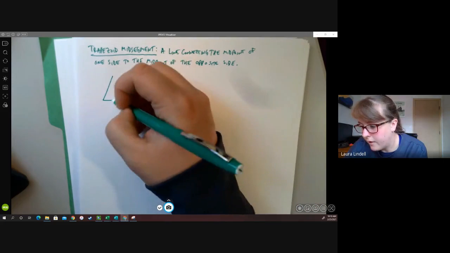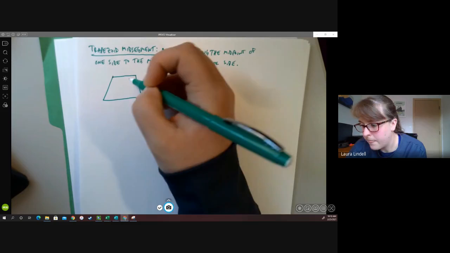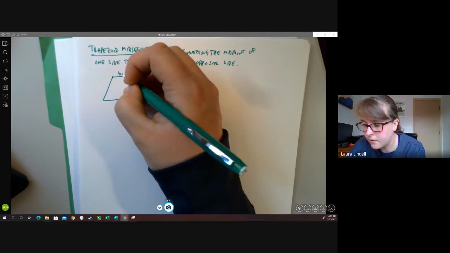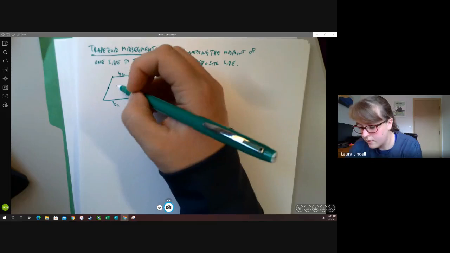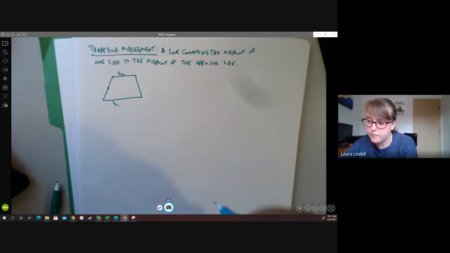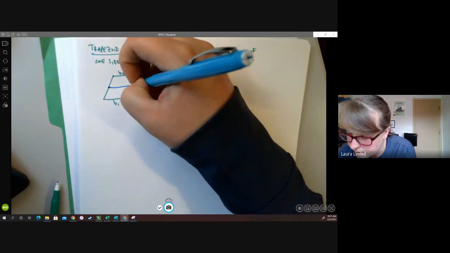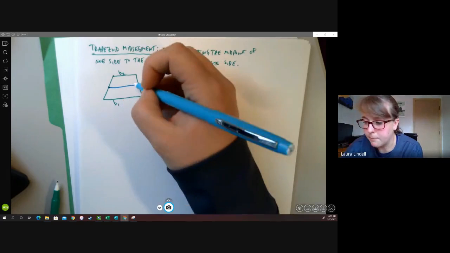So if we have a picture going here, these would be the bases, base 1 and base 2. This would be your mid segment.